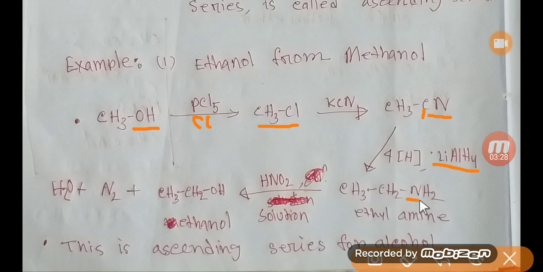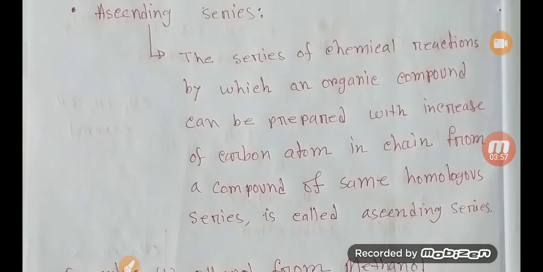And if we add nitrous acid solution, then the NH2 group will be converted to an OH group, that is alcohol. We are getting ethanol. You can say this is an ascending series for alcohol synthesis.